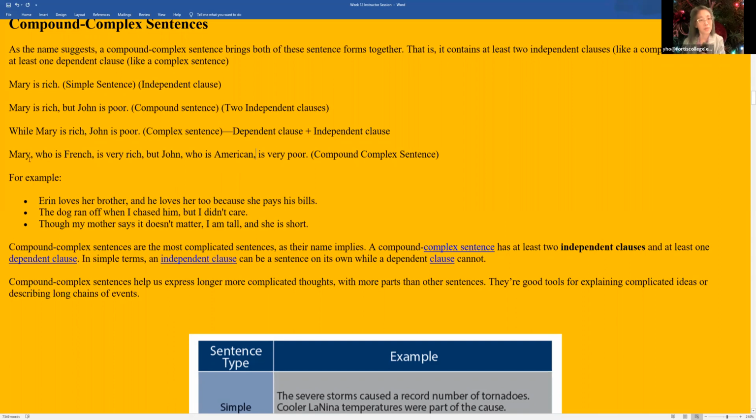And so here, Mary is very rich, but John is very poor. That would be the compound sentence structure. And then as soon as I add in "who is French" and "who is American", that makes it complex because I'm adding in a dependent clause. So as soon as I add a dependent clause into a compound sentence structure, that makes it a compound complex sentence.